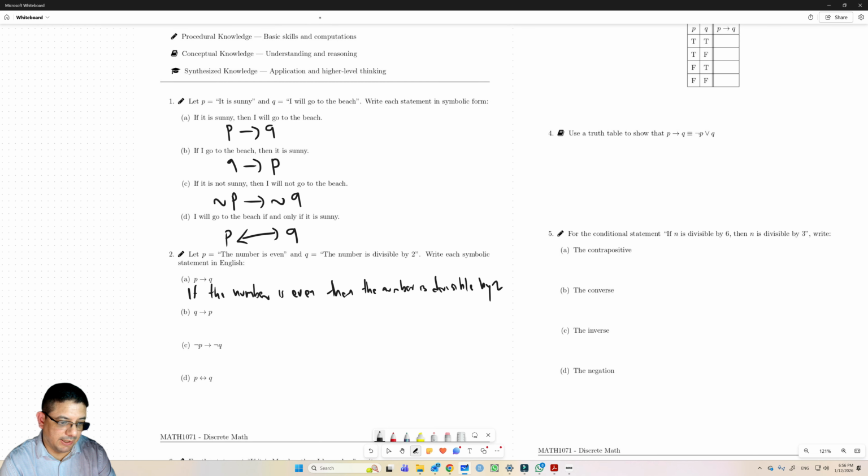Q implies P is the opposite: if the number is divisible by 2, then the number is even.